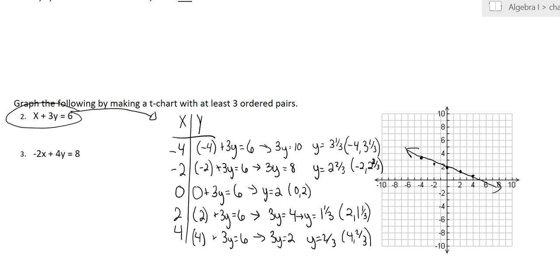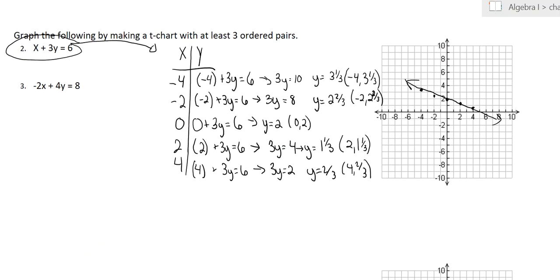So we're going to do the same thing basically for number 3 now. I am going to make a t-chart with x and y. I'll go ahead and make the similar numbers. And I'm going to replace them, but this time, I'm replacing them with a coefficient in front.